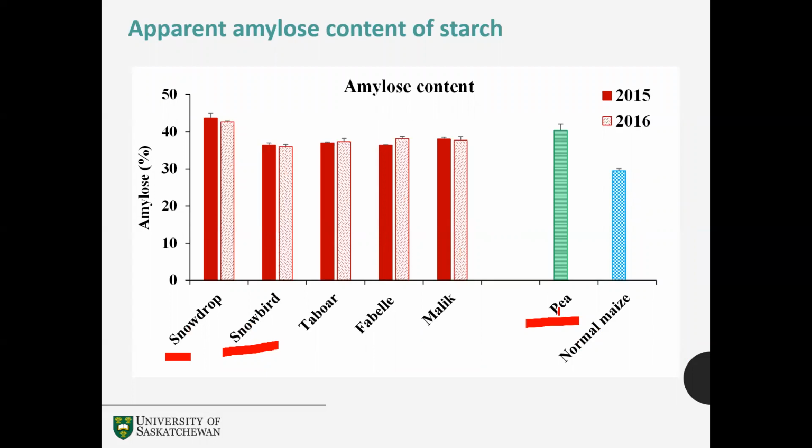The value was 40%, and the amylose content of the normal maize starch was noticeably smaller than that of all the pulse starches. The value was 30%. Again, I just want to call your attention that the 2 different years did not appear to affect the amylose content of the 5 varieties of faba bean starches.